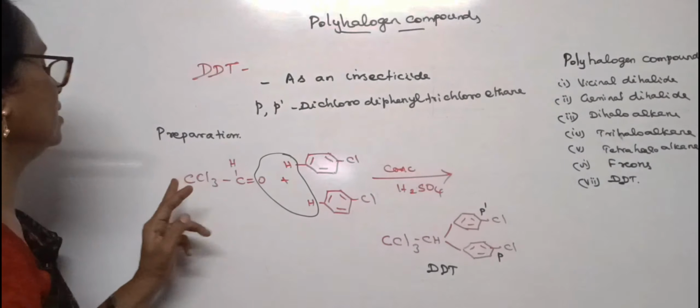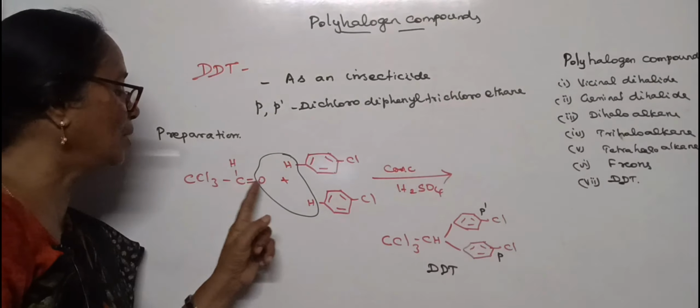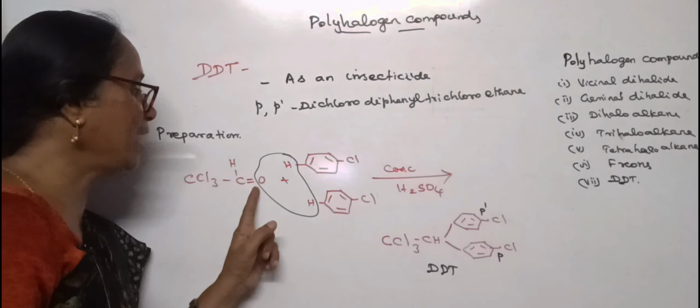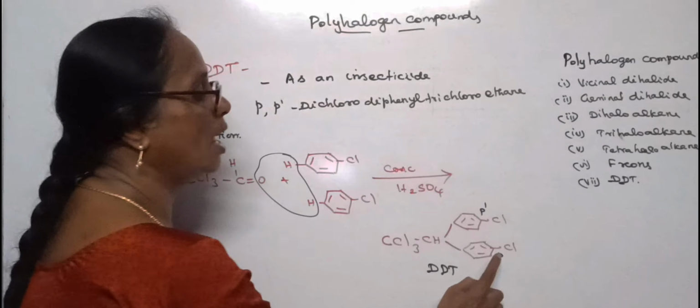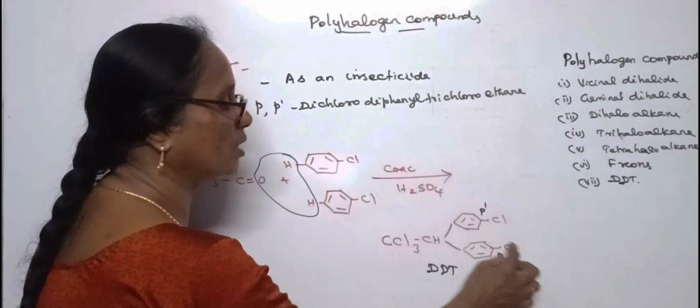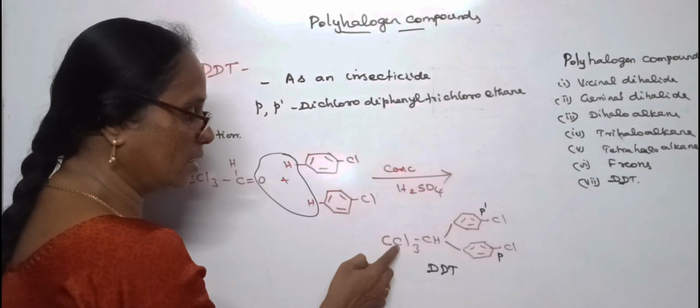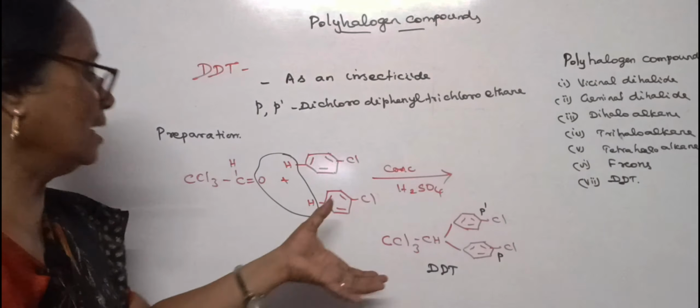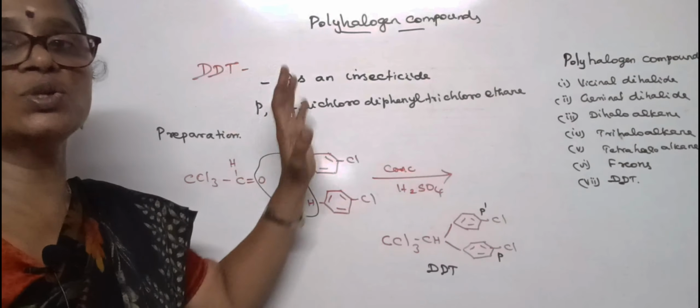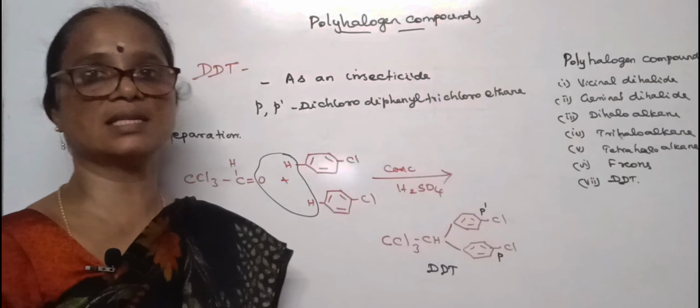So we are getting CCl3CH, the carbon that makes bonds with both phenyl rings, and hence we get para,para-dash dichloro diphenyl trichloro; 2 carbons are there, so the name is ethane. And this DDT is used as a powerful insecticide.